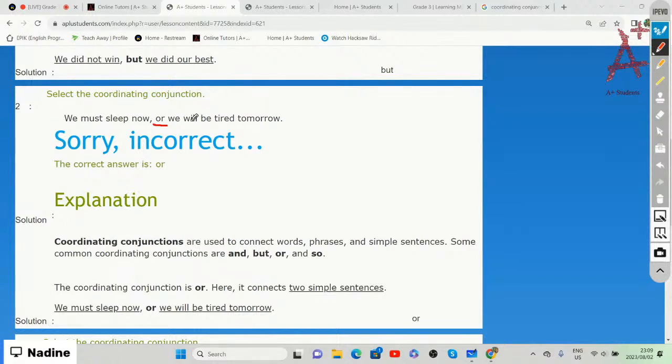And the two simple sentences are we must sleep now, we will be tired tomorrow. So the word or is joining or connecting these two simple sentences. And if we read that whole sentence, then we can say, we must sleep now, or we will be tired tomorrow. So, or is our coordinating conjunction within the sentence that connects the two simple sentences.